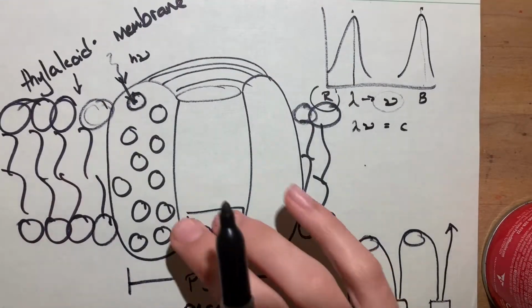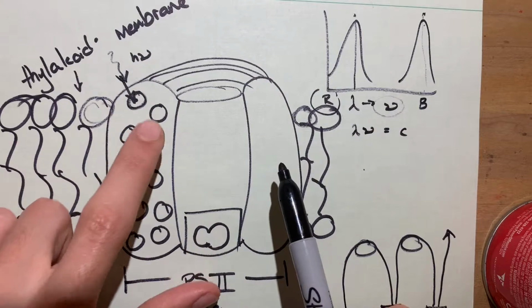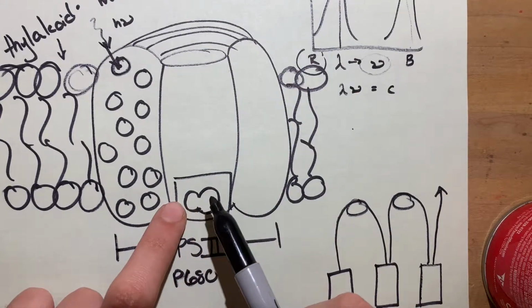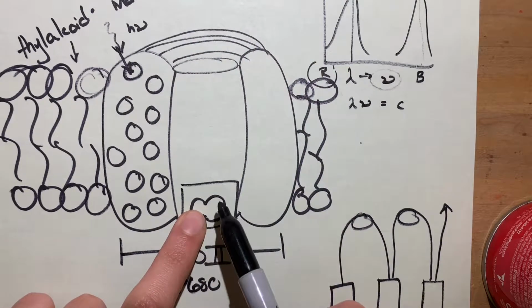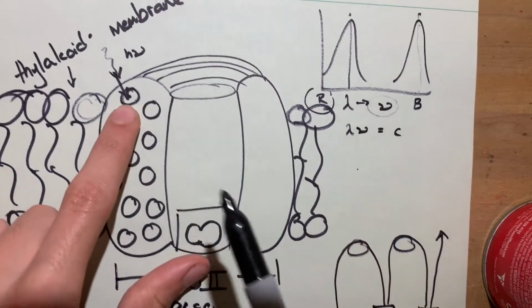Okay, so continuing on, what we've drawn here now is chlorophyll molecules in the walls of this PS2, and this is your activator complex. This is a pair of chlorophyll molecules down here, and this is the final excitation within the photosystem 2. But we will get to that in a moment.